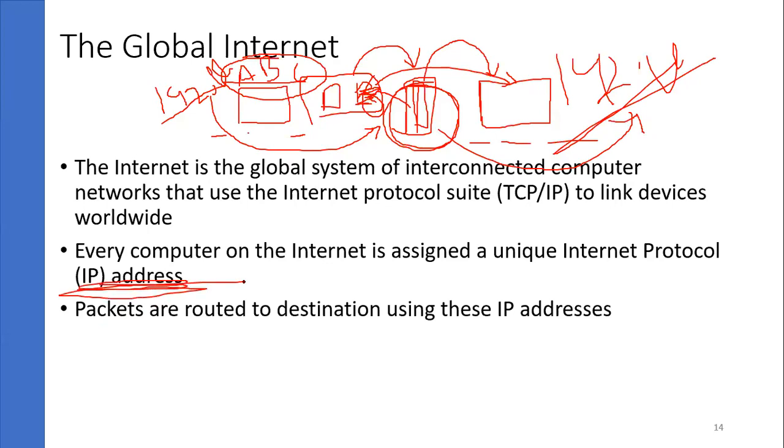It's a unique one. So now you are clear about what an IP address is. An IP address is a unique address used to identify a device in the network.